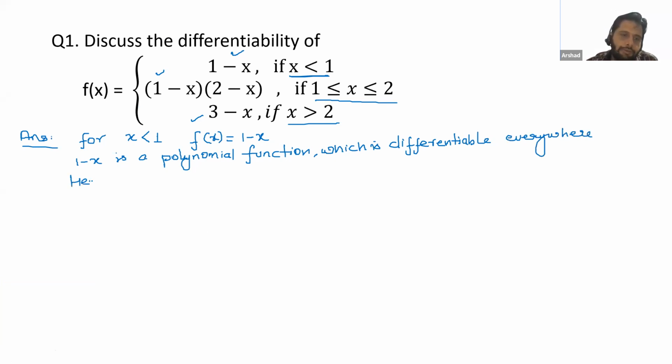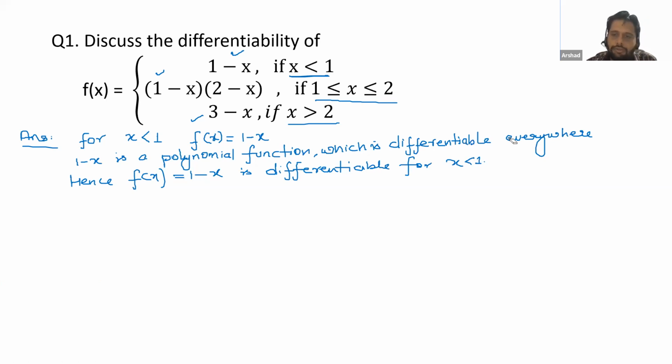Hence f(x) equal to 1 minus x is differentiable for x less than 1. If you have any doubt here, just write this, which is differentiable.